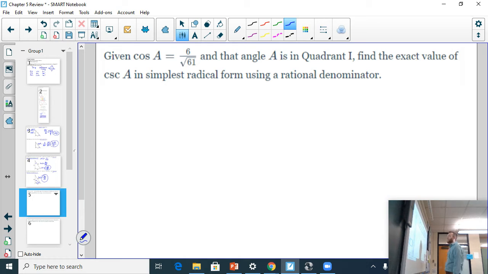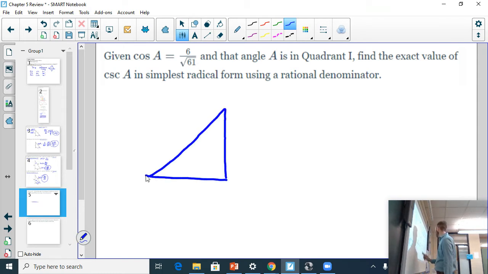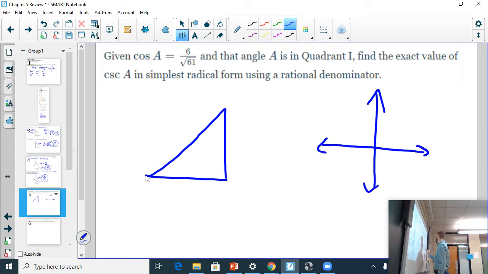So given cosine of A is 6 over the square root of 61, and that angle A is in quadrant 1. Okay, so we know we're in quadrant 1, so we can kind of just make a triangle as if we're in quadrant 1, right? Because if we were on a graph, quadrant 1 would be here, and that's why we would make the triangle like that.